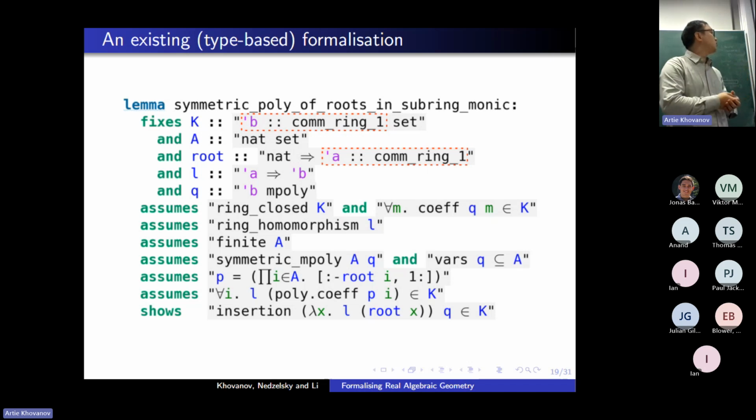When we want to instantiate those type variables, the instantiation needs to have something like plus and multiplication, and they also need to be commutative. They need to satisfy a certain number of axioms. So these are type-based formalizations, because some of the reasoning is embedded into the type system of Isabelle. It is implicit, in the type system.